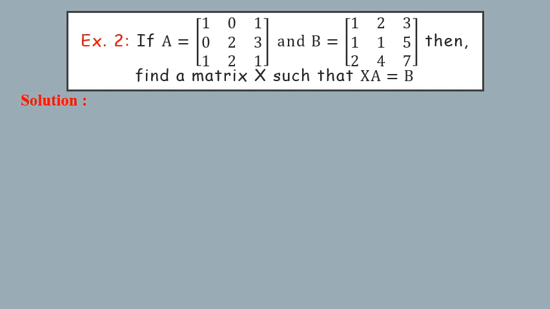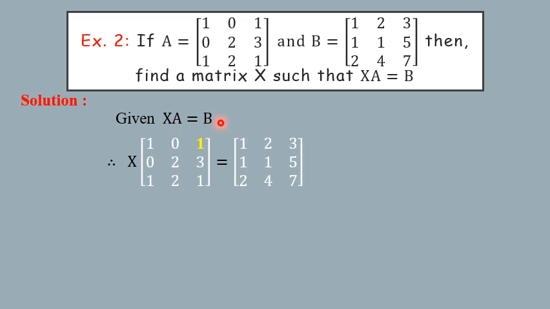Example number 2. Here matrices A and B are given, and we have to find matrix X such that the product XA is equal to B. Now just substitute the values of A and B. We get this matrix X as it is.